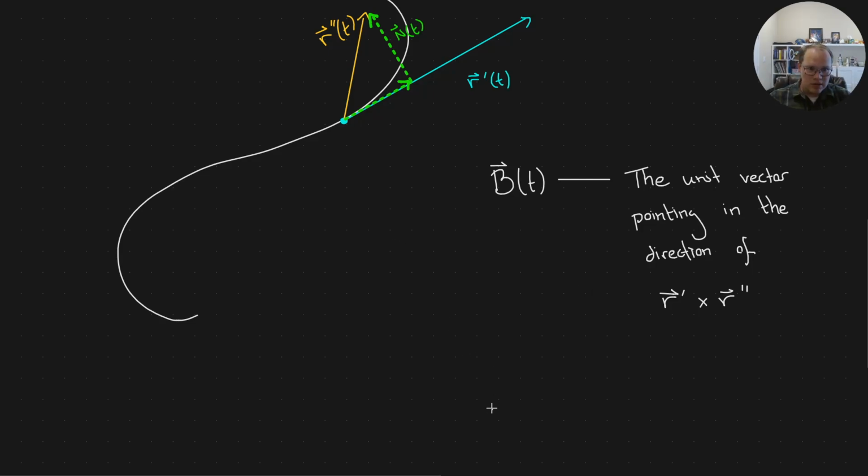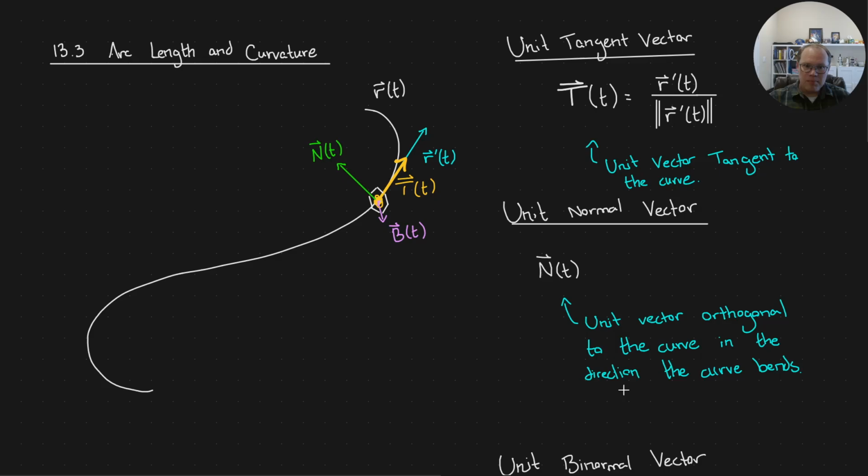which means now that we have that one, we can find the unit normal vector pretty easily, because the unit normal vector is also orthogonal to both the binormal vector and the unit tangent vector.